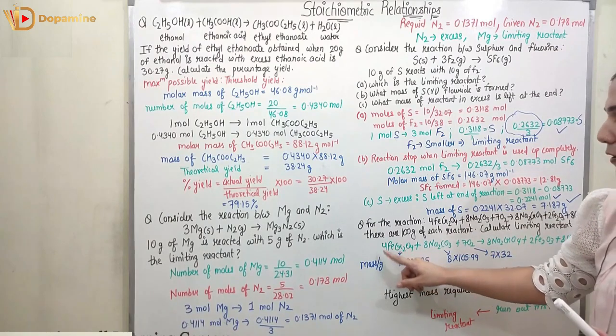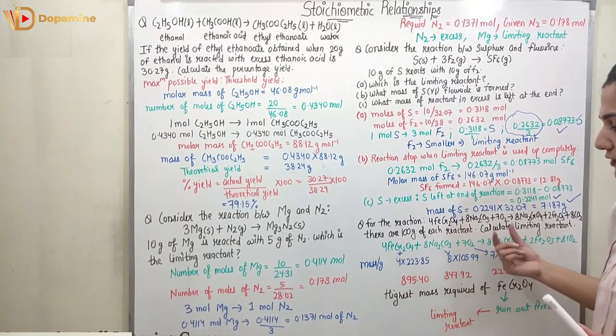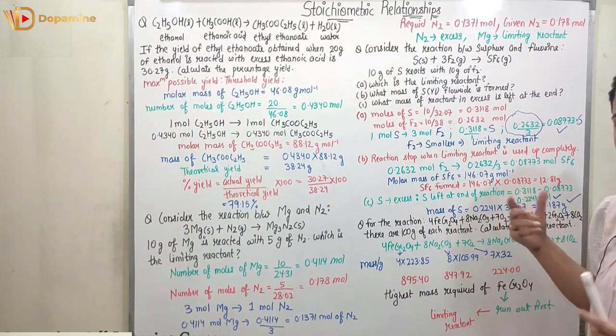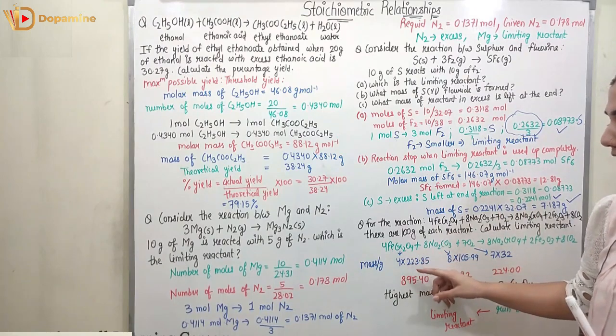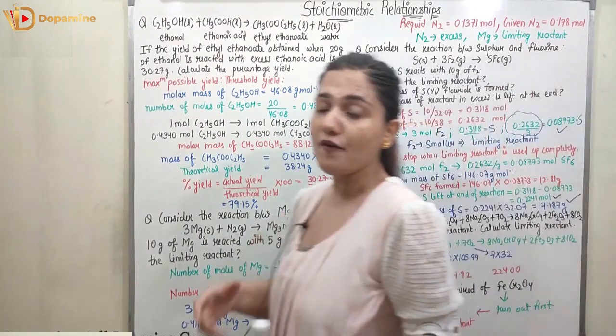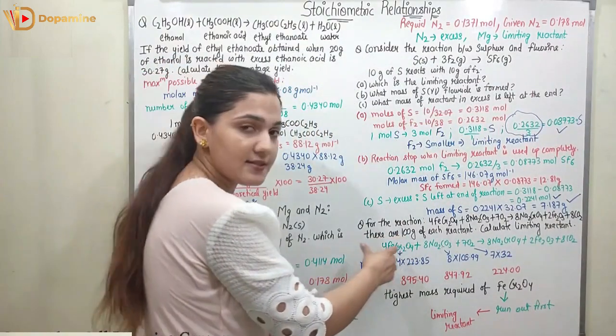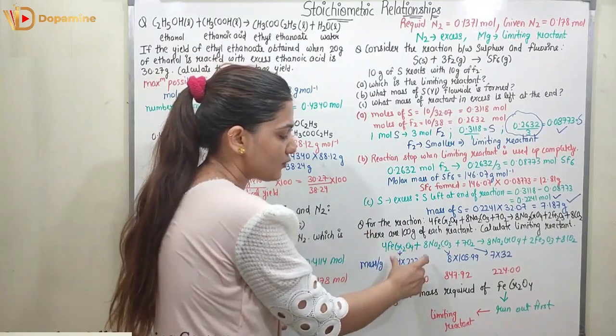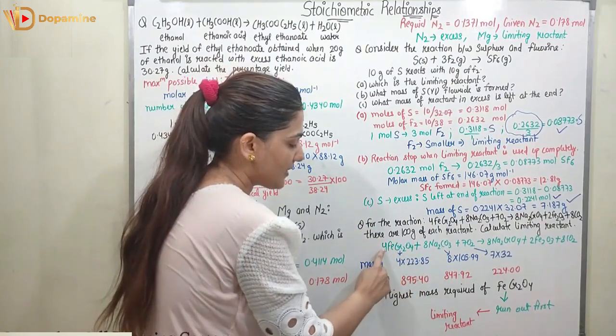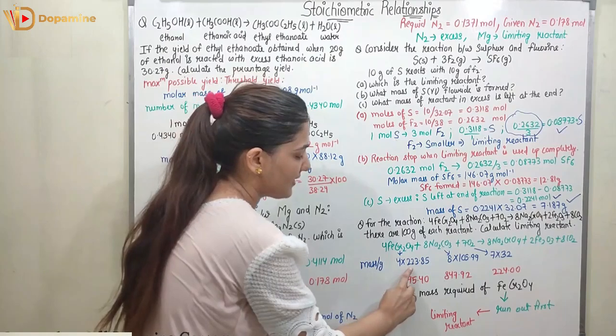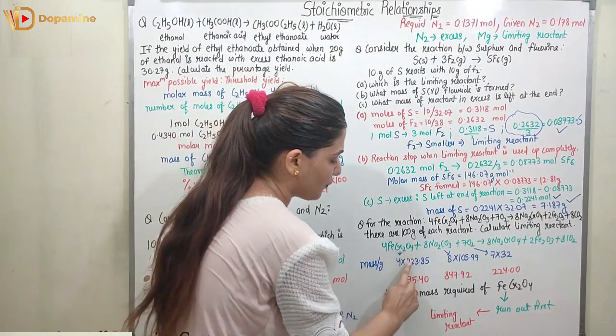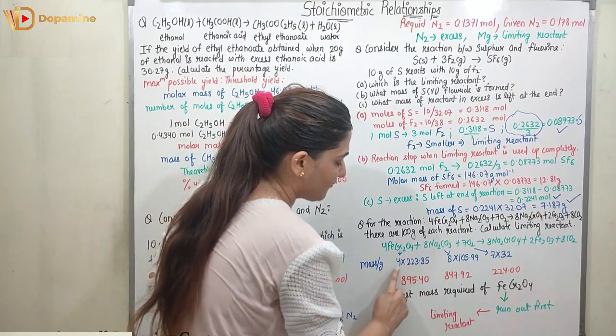Here you can see we can find out the moles of each of the reactants, right? This is the actual process, but here what we are finding out is the mass of the given reactant. So the molar mass and the coefficients are multiplied. So 4 is multiplied with the molar mass of FeCr2O4, 223.85 multiplied with 4.